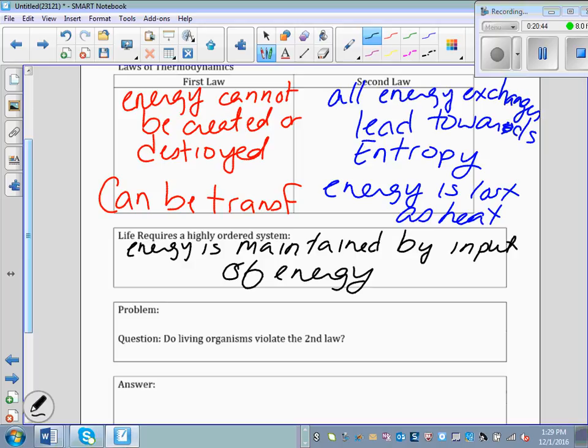So, the increase of disorder is offset or balanced by biological processes that maintain order, that cause order.